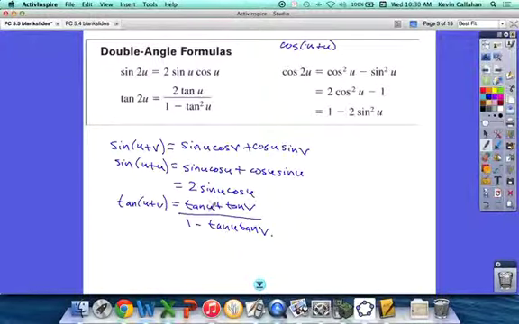Okay, but if it's u and u, then that's 2 times the tangent of u, right? And if this is tangent of u times the tangent of u, then that's a tangent squared of u. So it all makes sense if you know the sum formulas. You don't even need the difference, right? You just need the sum formula. So this gives us a way to, if we have a double angle, we can actually turn it into a single angle using these formulas.